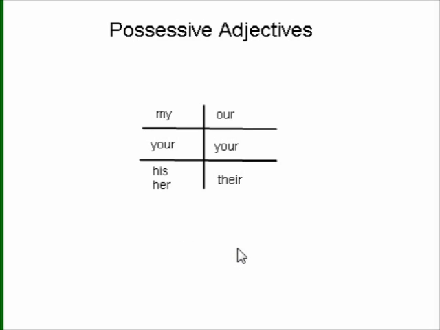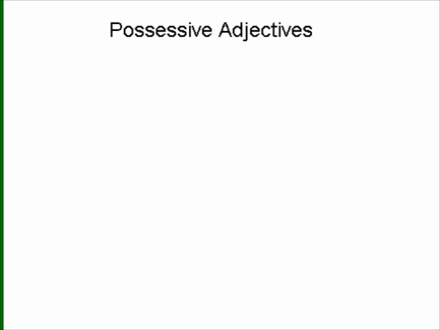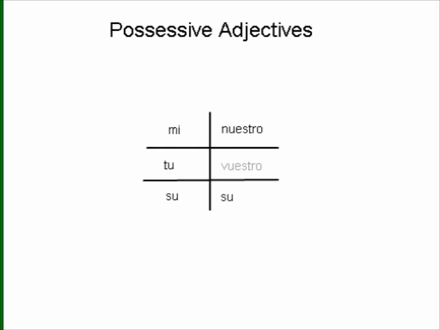Let's look now at possessive adjectives in Spanish. Remember that we don't have a one-to-one correspondence with our chart in Spanish and our chart in English. So I'm going to take the English chart off, put the Spanish chart on, and we'll talk about it. Here's our Spanish chart. Again, singular is on the left, plural is on the right, but remember that we've got some exceptions.